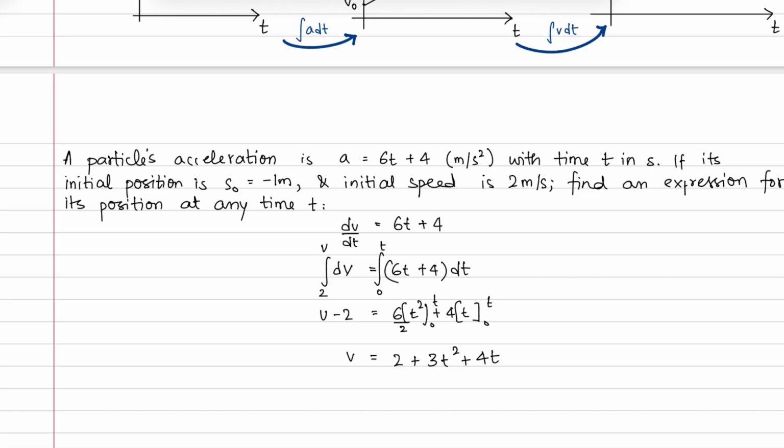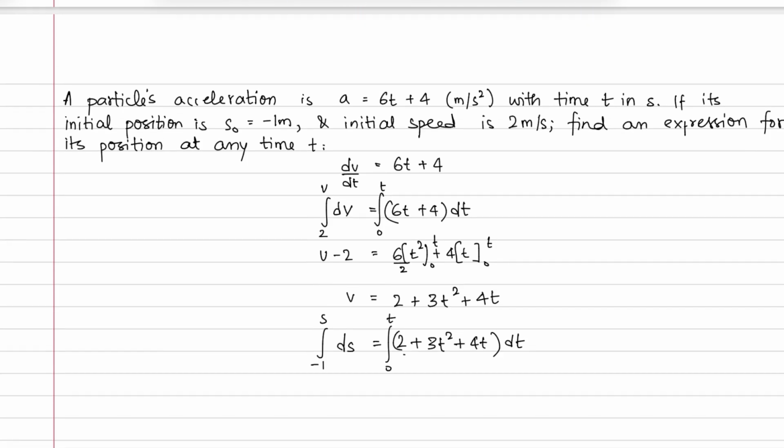And this is nothing but ds dt, right? So I can get ds equal to 2 plus 3t squared plus 4t dt, integral from 0 to t. This here is, what is the initial position? -1 to the final position, say s.